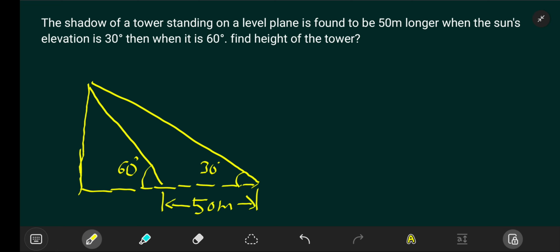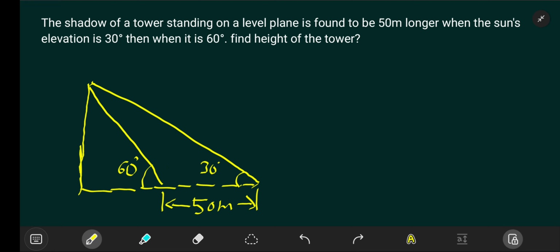We know when we stand outside on a sunny day, our shadow will fall on the ground. Yes or no? Similarly, this tower's shadow will also fall on this ground only, on this plane only.